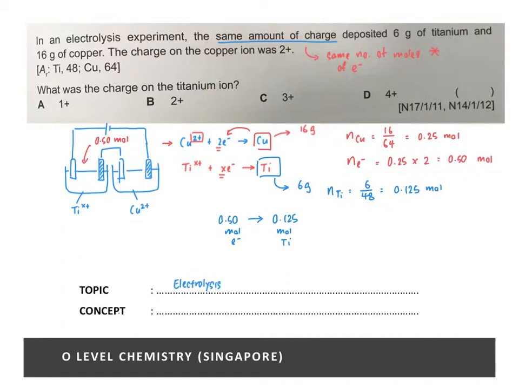So the ratio is this: for each mole of titanium, you would require 4 moles of electrons to form. And that would mean that the value of X is actually 4. That would also mean that the charge on titanium is 4+. So the answer is D.